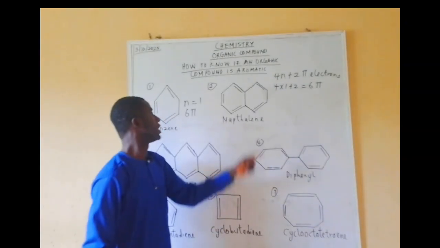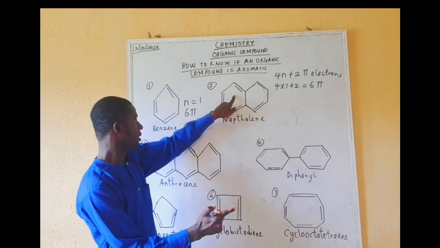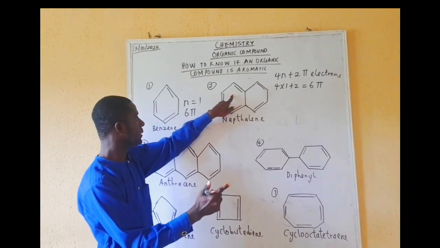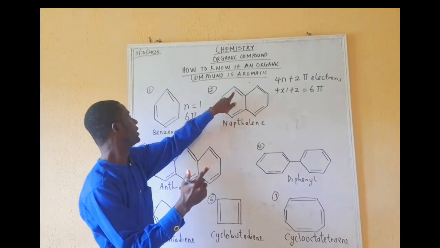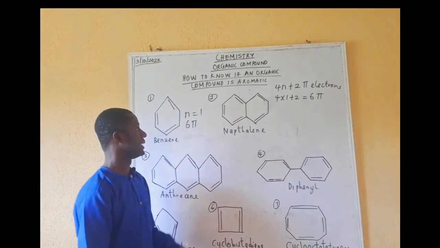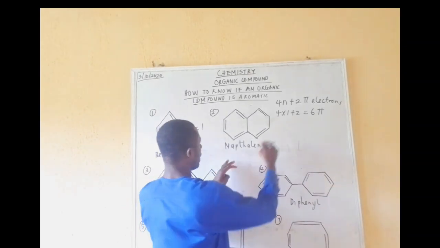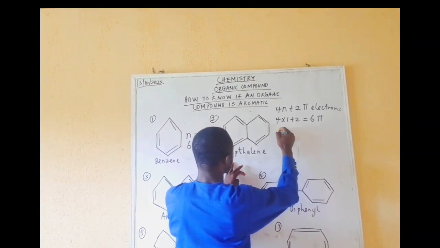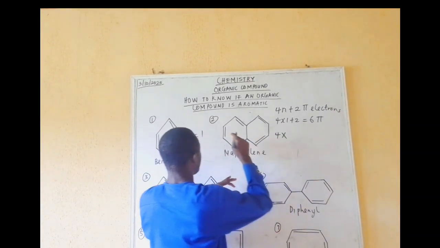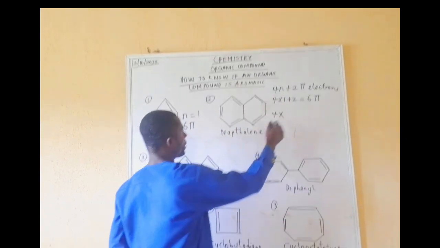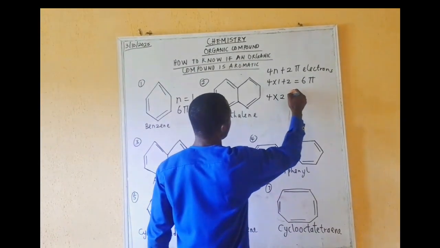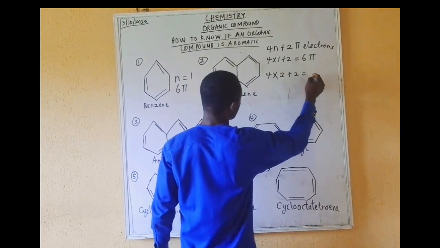Let's come to this place also. This structure is cyclic, is planar, is conjugated. The pi electrons are delocalized. So let's look at what we can do here. If we install our n is equal to 2 here, we have 4 times 2 plus 2, that will give us 8 plus 2, that will give us 10 pi.